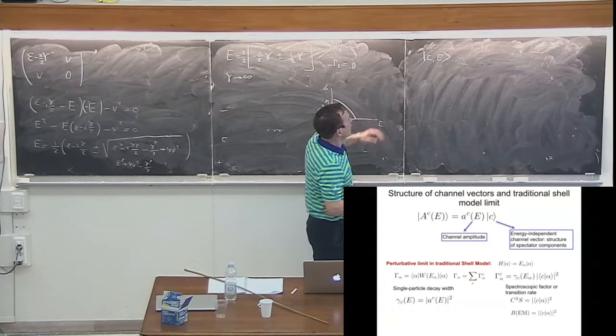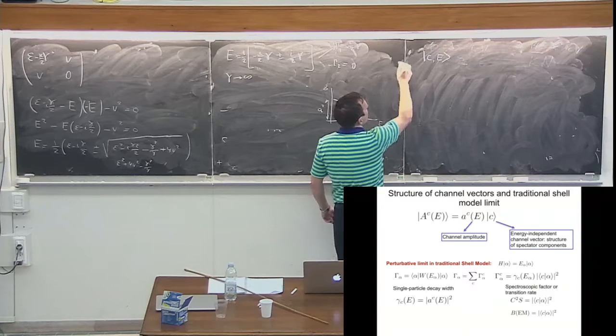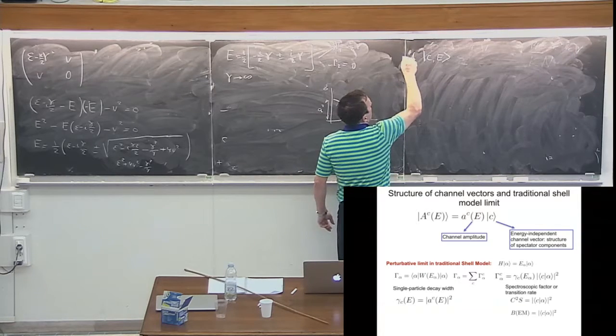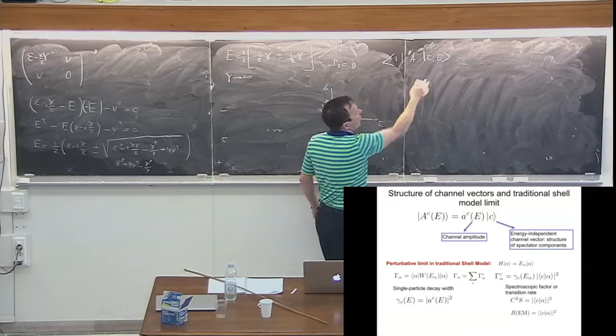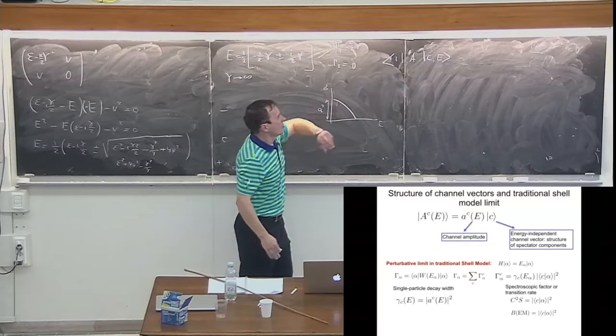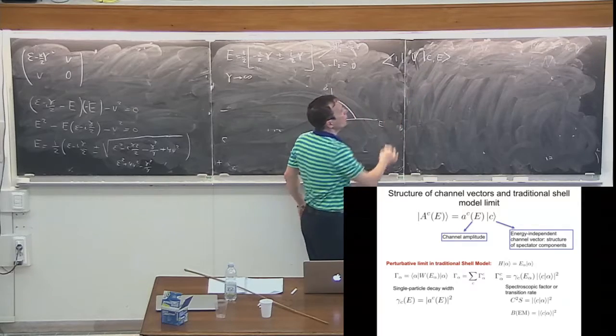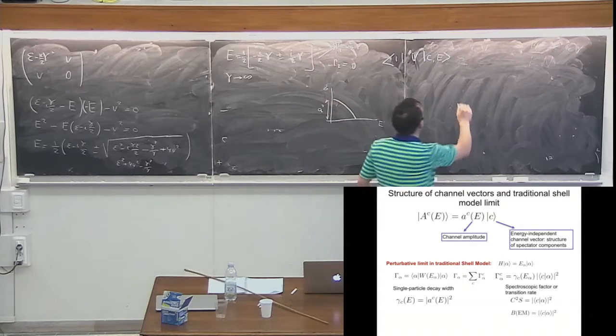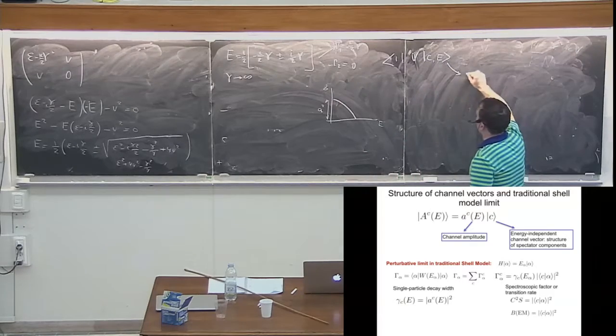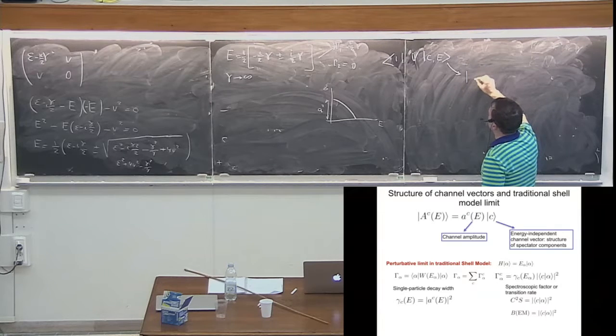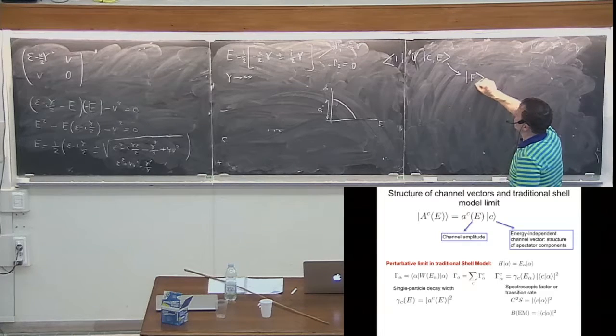This amplitude was a state which is an overlap, sorry, this is my potential V here, between a continuum and the bound state. But this channel is almost a product between some final state F, which is a bound state, times the continuum, a single particle in the continuum.